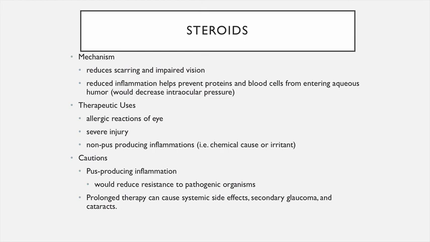Oh nope, I lied. Also, in the vein of eye exams, we can use drugs called cycloplegics. Those are local anesthetics. And those are essentially going to numb the eye.